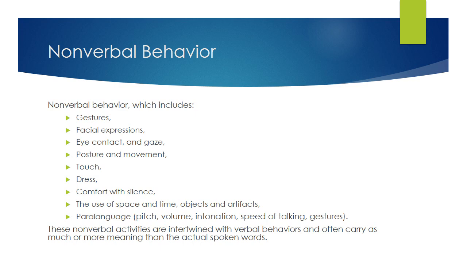And again, this is not a stereotype as much as a cultural phenomenon. Time is not that important. So when they say 2 o'clock, 2 o'clock doesn't mean 2 o'clock. It just means in that time range. It's a cultural concept. And then paralanguage: the pitch, the volume, intonation, how fast we talk, and gestures.